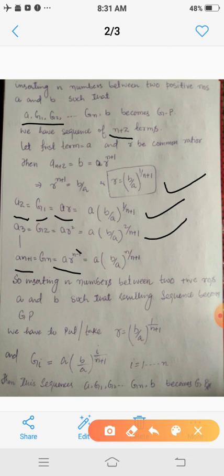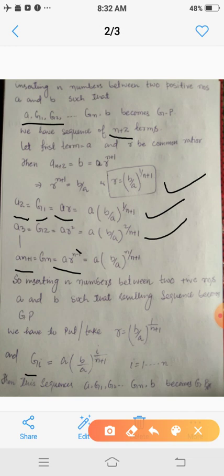So by inserting n numbers between two numbers a and b such that the resulting sequence becomes a GP, we have to take the common ratio as b by a raised to power 1 by n plus 1, and those n numbers which we are inserting between the two numbers are gi equals a into b by a raised to power i by n plus 1, where i goes from 1 to n. Then the sequence a, g1, g2, up to gn, b becomes a GP.